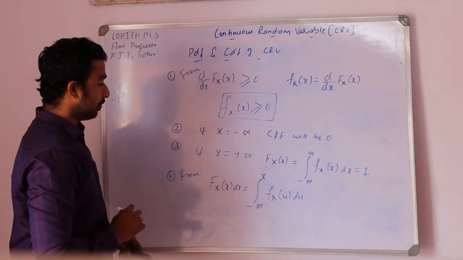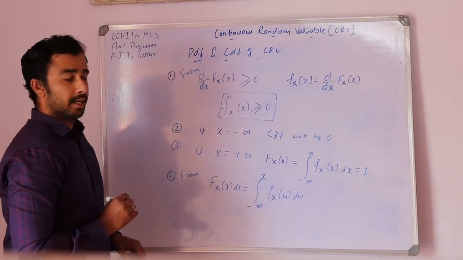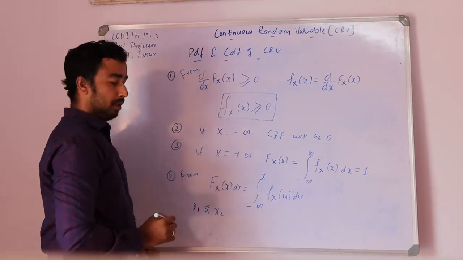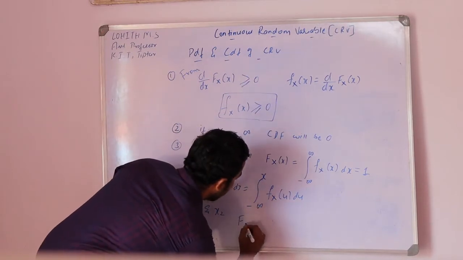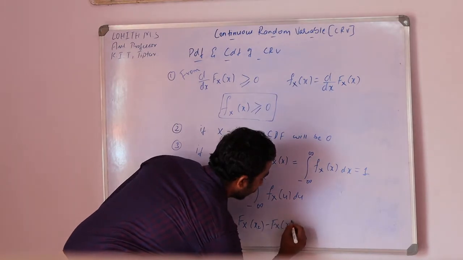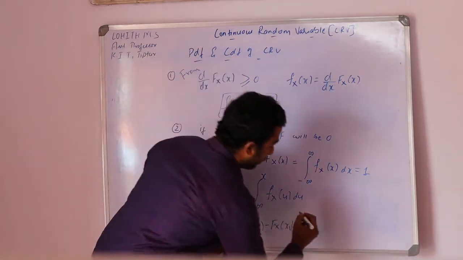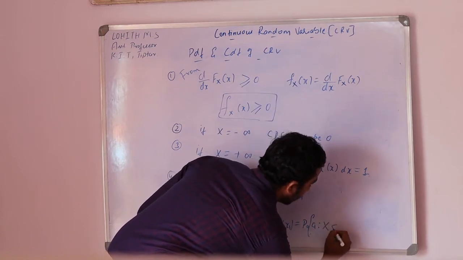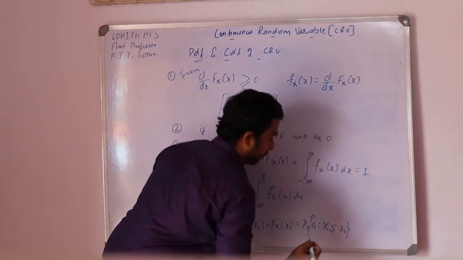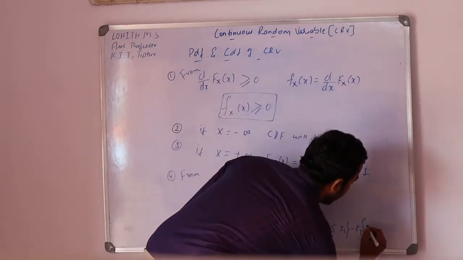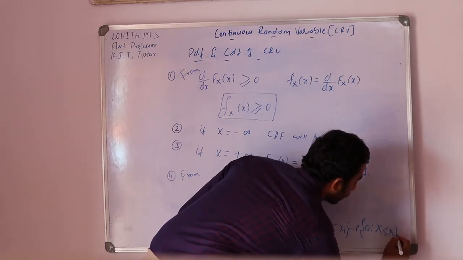And if a pair of random variables x1 and x2 is used, then Fx(x2) minus Fx(x1) is equal to the probability that the random variable is greater than x1 and less than or equal to x2.